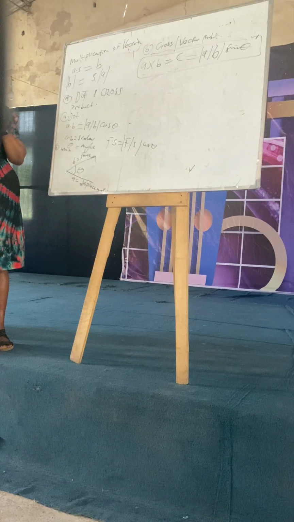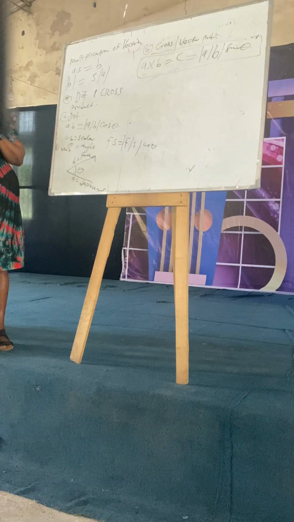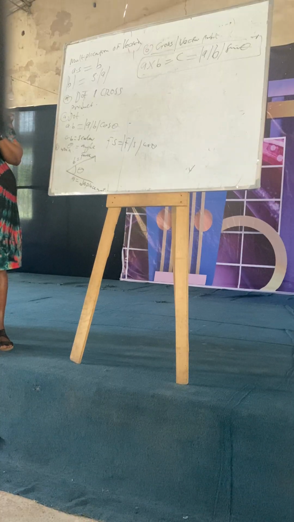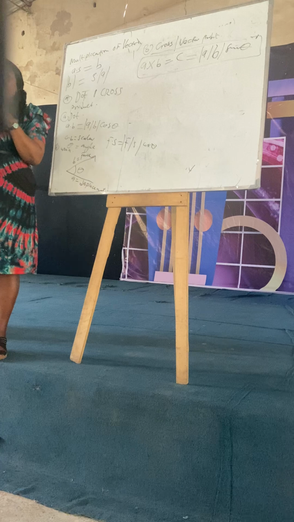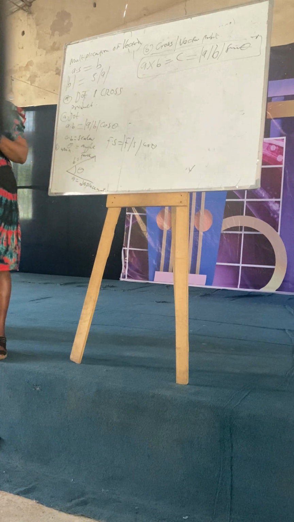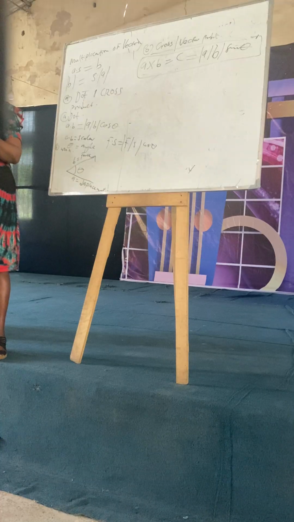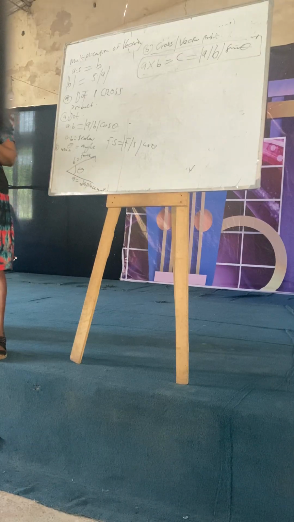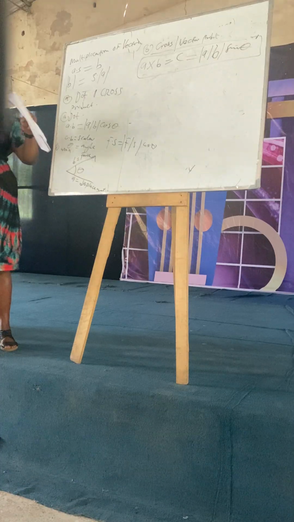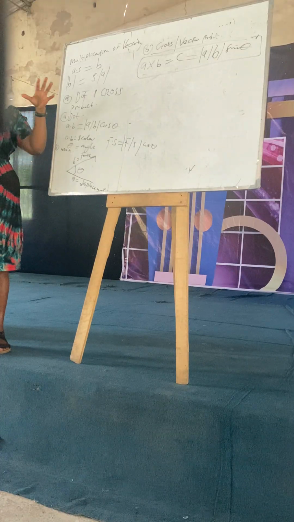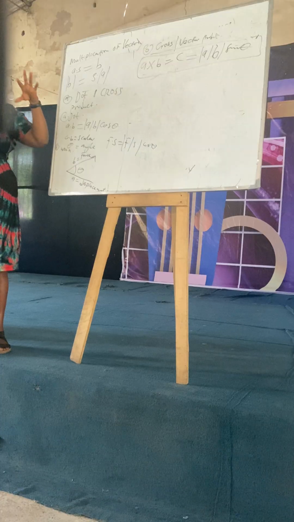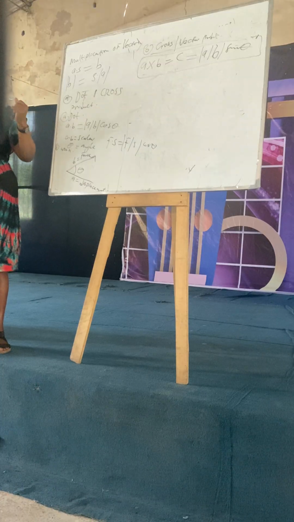Now, we also have some applications of this cross product of vectors. We have what we call the moment of a force. The moment of a force is just the effect of a force applied at a distance from the axis. When a force is applied on an object, it has an effect.